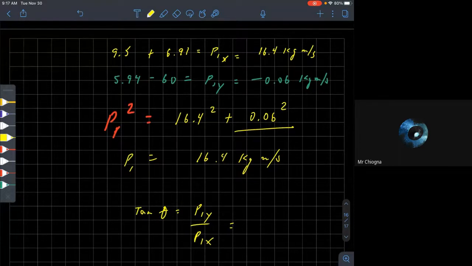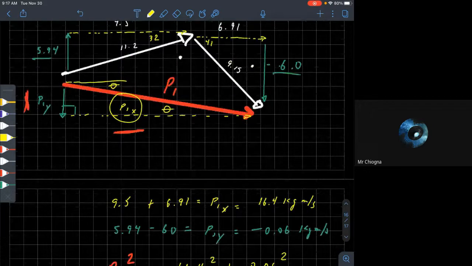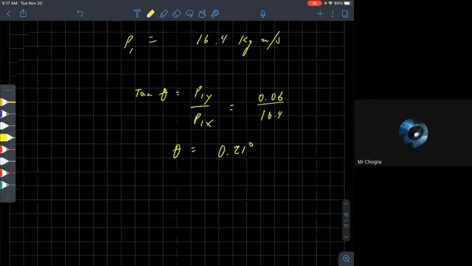P1y is 0.06. Don't worry about the negative. Use the magnitudes only. It's a very small angle, so it's 0.21 degrees. And where is it actually? It's this angle here, which means it's south of east.